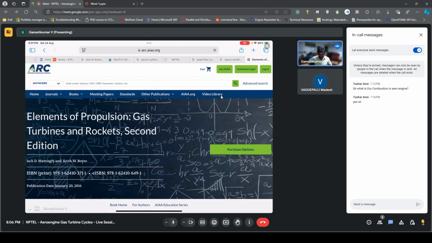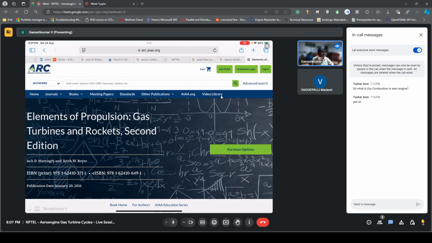So you can use this book. Actually, this Aerospace Research Central is there, right? This website has a lot of journal articles, also a lot of books. So let's say if you want to design aircraft engines, for everything they have books.